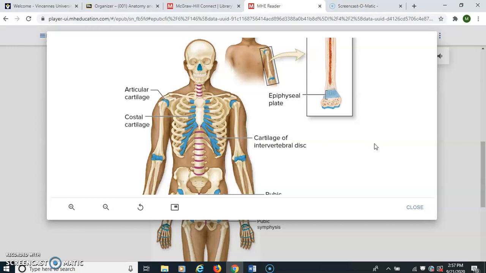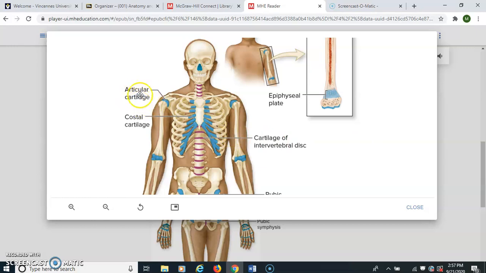So sometimes you'll see hyaline cartilage referred to as articular cartilage if it's located between 2 bones that are connecting. For example here, the head of the humerus is connecting with the scapula, our shoulder blade bone. And so that's where you can find some articular cartilage, where 2 bones are connecting to each other.